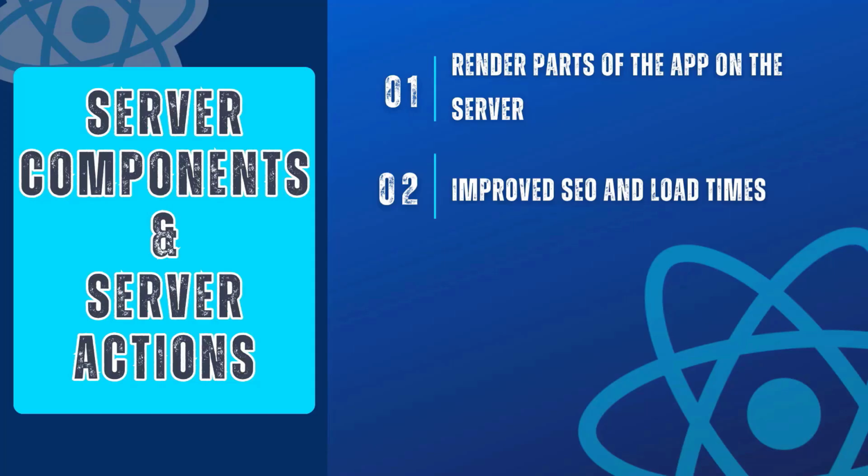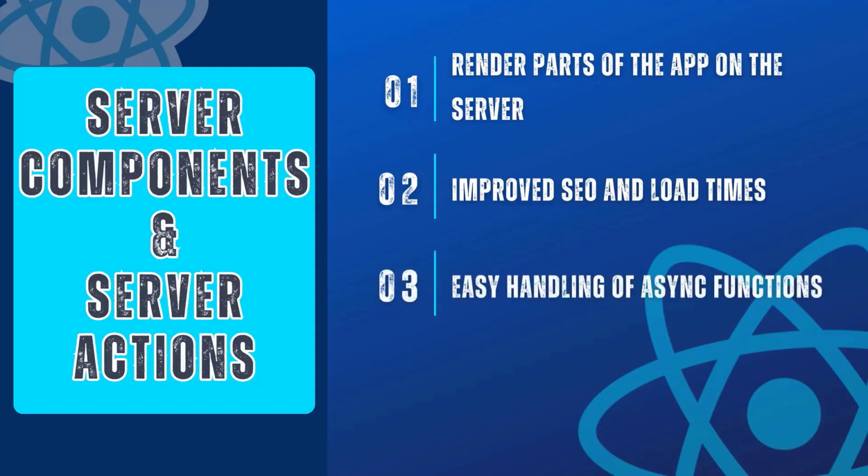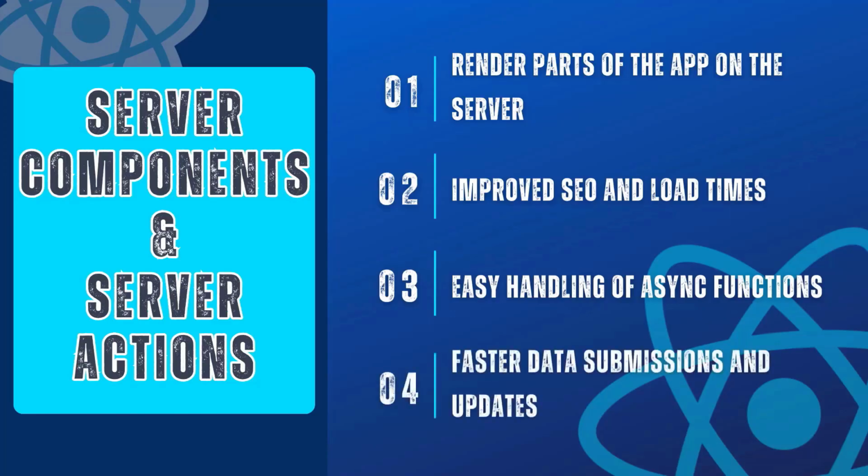Additionally, users experience faster load times since the server handles initial rendering. Server actions simplify how you handle asynchronous operations on the server, making it straightforward to manage data fetching and updates. Server actions enable more efficient data submissions and updates, reducing delay and improving overall app performance.